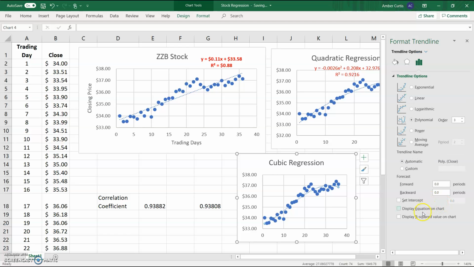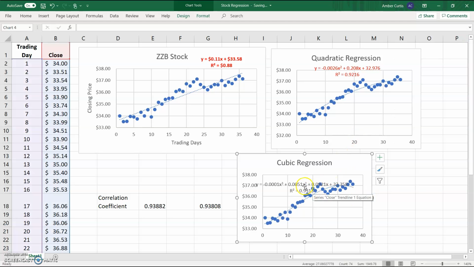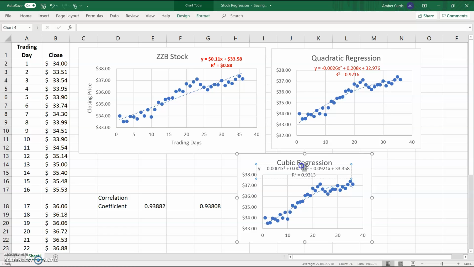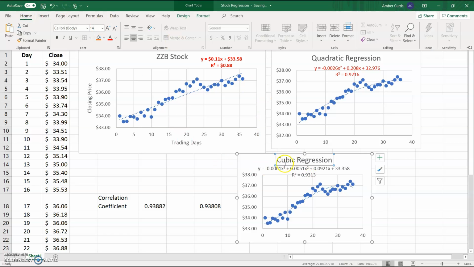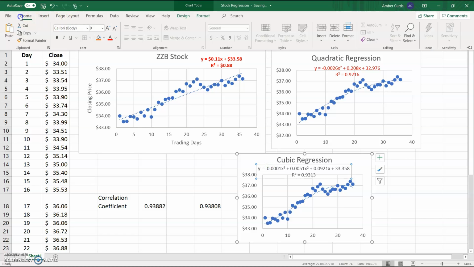And once again, we will have this display on the actual chart, along with the R² value. And you'll notice that this one is an even better fit because our R² value is now 0.93. And remember, the closer that number gets to 1, the better the model will be at predicting.